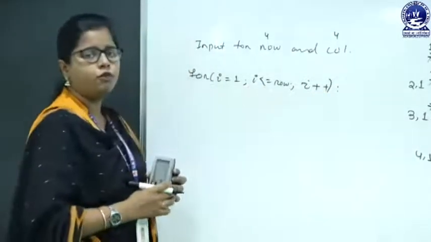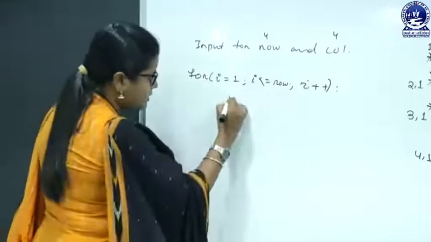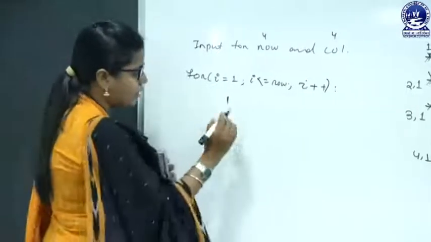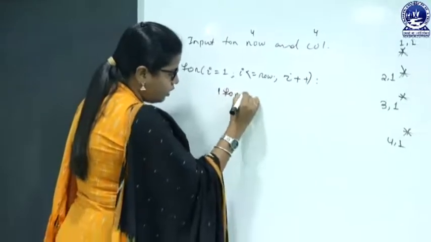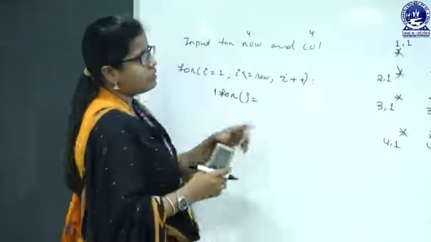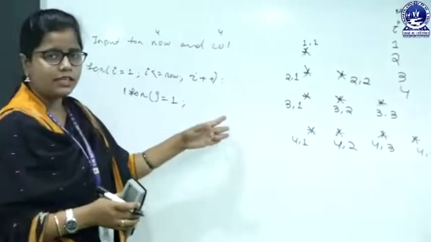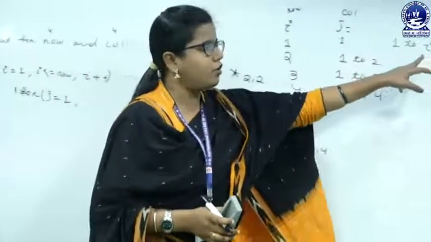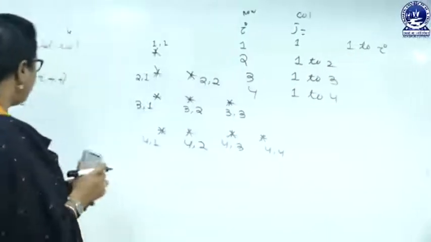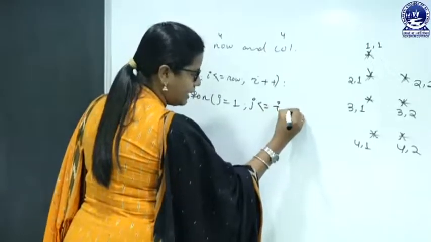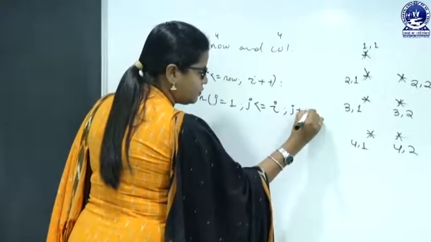Here we have to follow the indentation. The next indentation will start from here. The inner loop will start from here. So for j equals what? J will be 1 and j will continue up to which? That is for I. So the condition is j less than equals I and j plus plus.